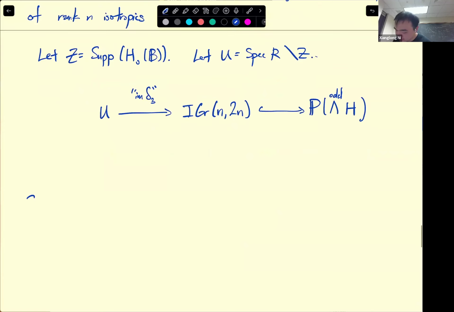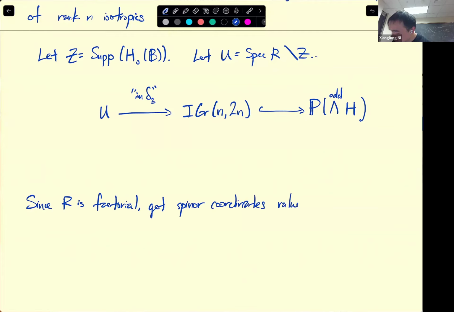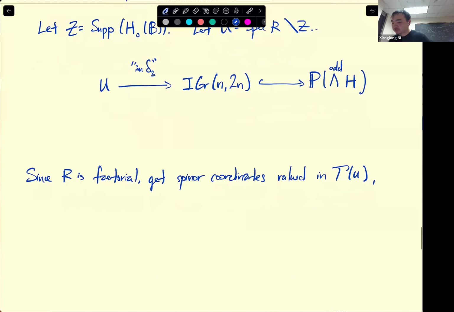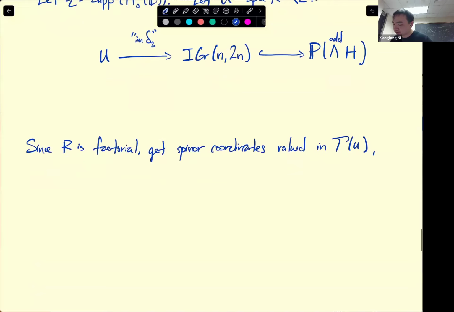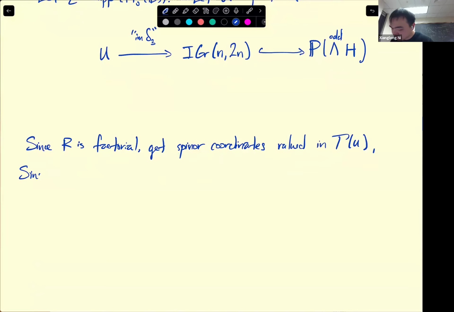So since R is factorial, I get spinor coordinates valued in sections on U. But then I use the fact that Z has grade 4, so in particular grade at least 2, which means that these actually extend to R. Since grade Z is 4, which is at least 2, we know that the restriction is an isomorphism.